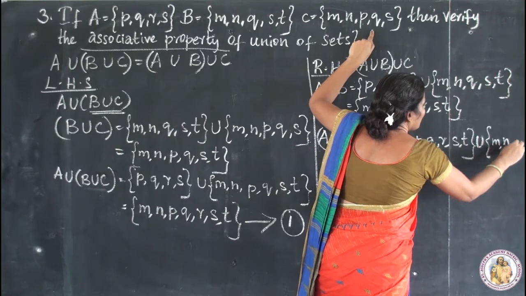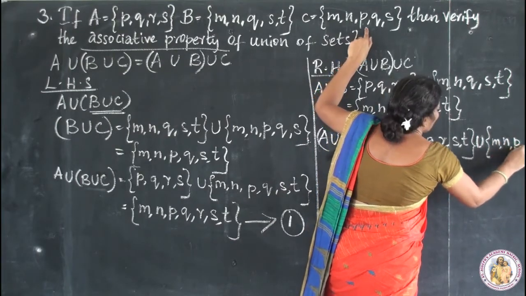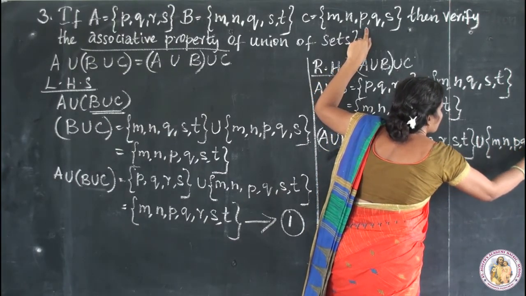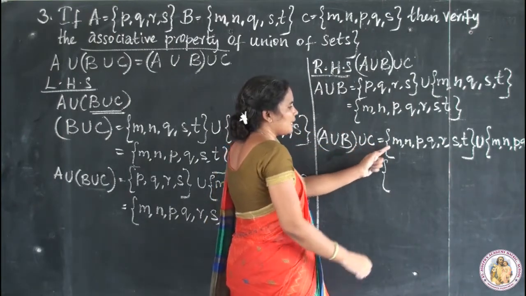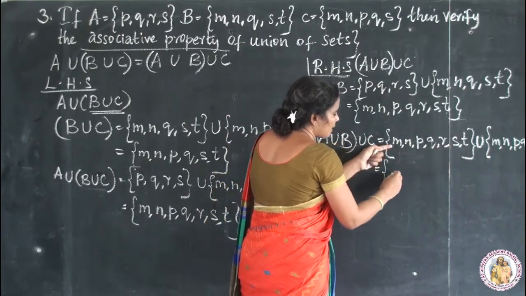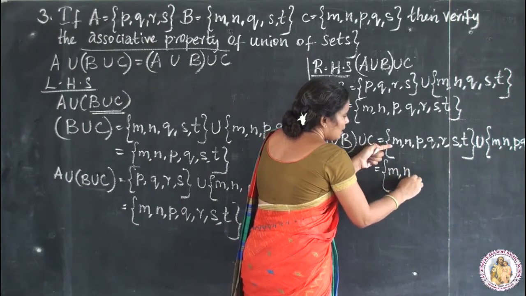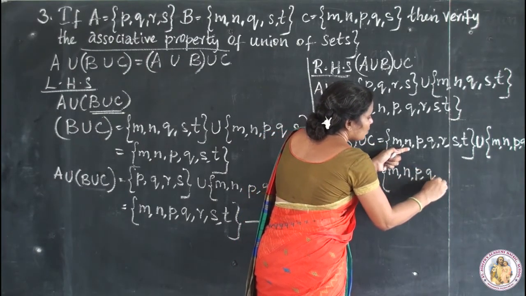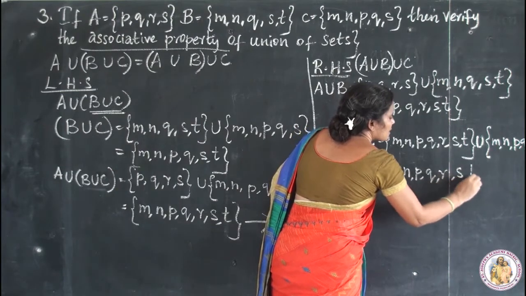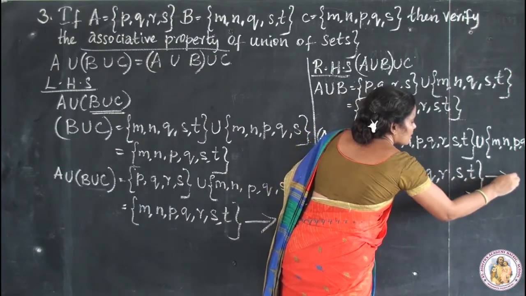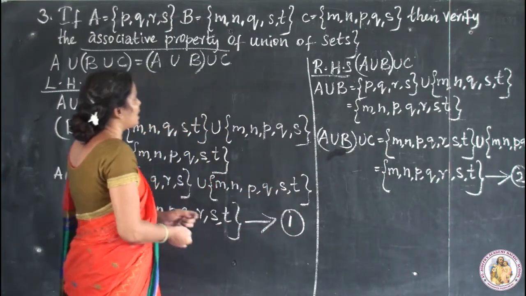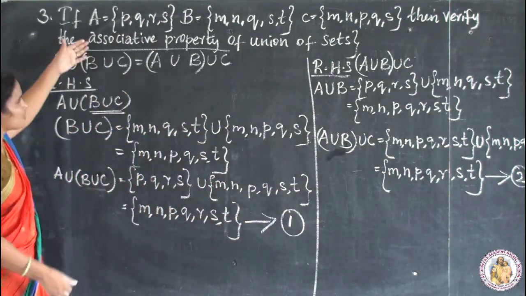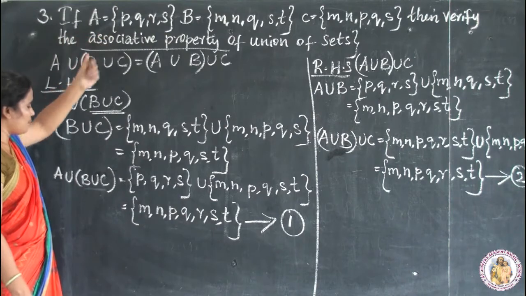M, N, P, Q, S. So union: write all the elements which are present in both the brackets. So M, N, P, Q, R, S, T. This is RHS.